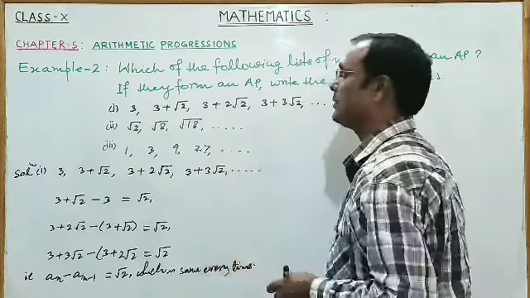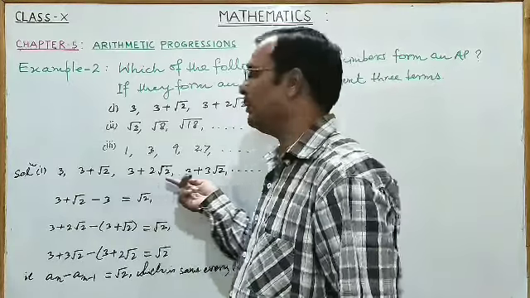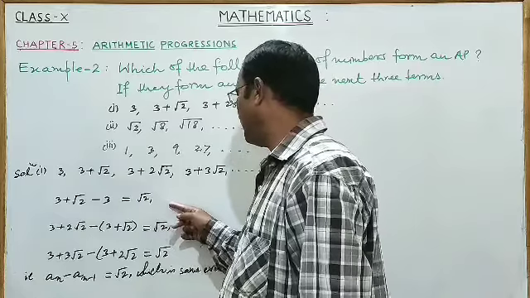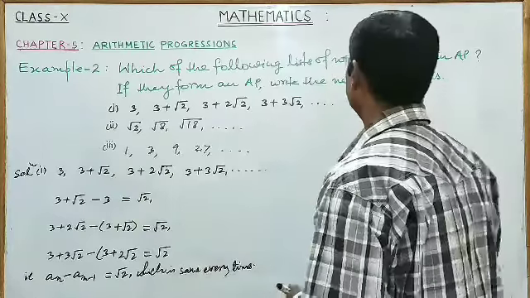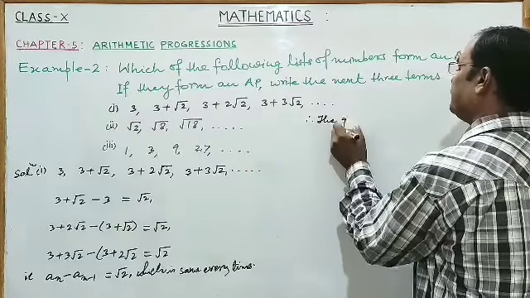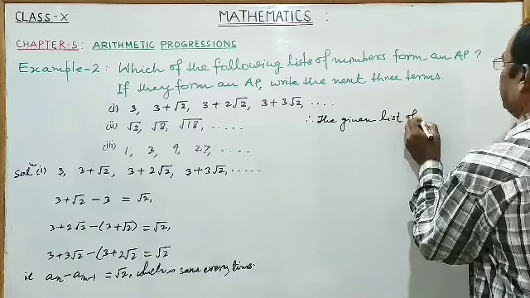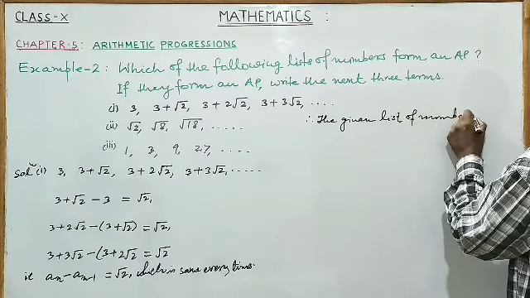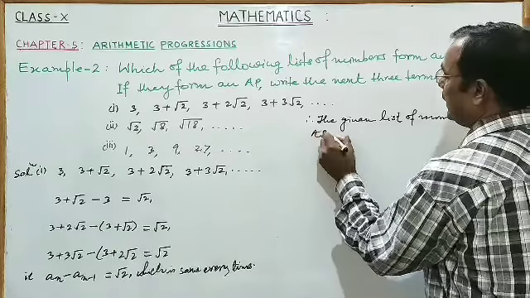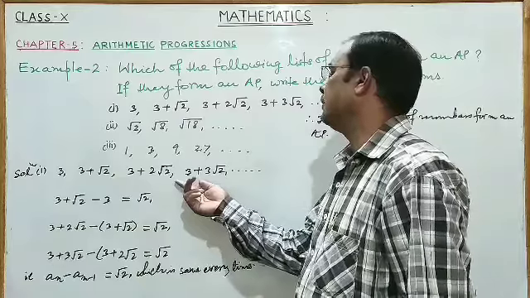That means the difference between consecutive terms of this list of numbers throughout is always same, and that is equal to root 2. So therefore we can say that this given list of numbers forms an AP.